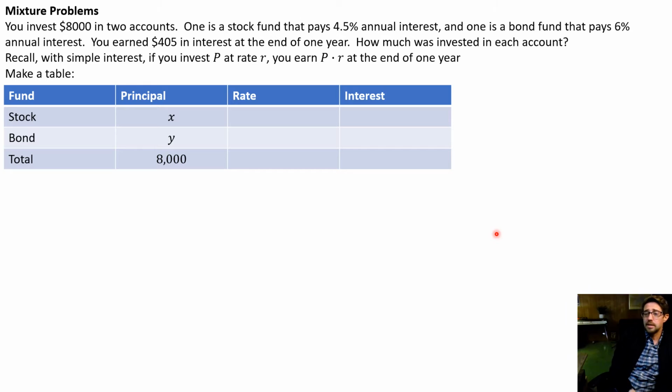Okay, so the rates, and this is where it's a little weird. So we know the interest rate we're making off the stock, it's 4.5%. We know off the bond, it's 6%. For the total and the rate column, we actually don't really put anything because it doesn't really have any meaning. So just because you made a table doesn't mean you have to fill in every cell in your table. So you could add those 2 rates, but that's not really how it works.